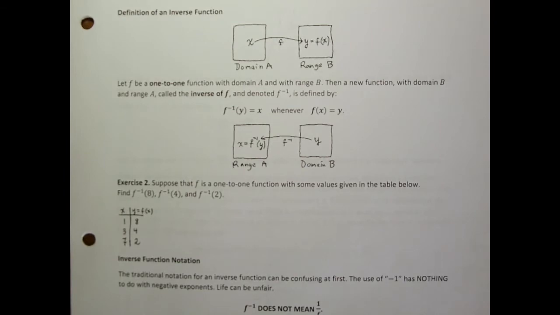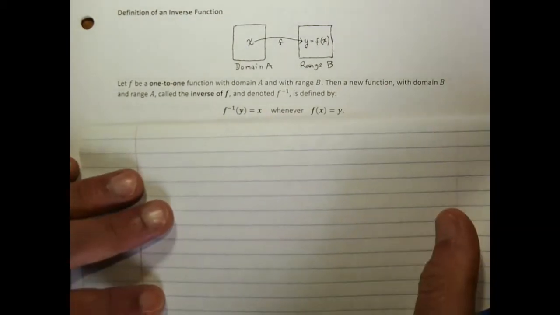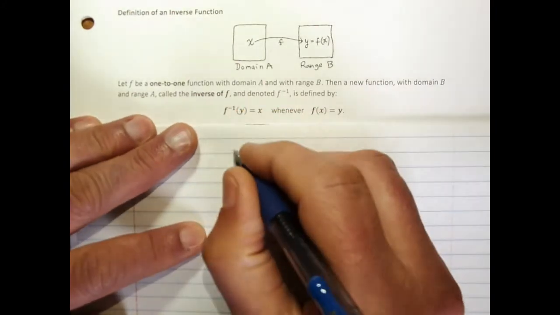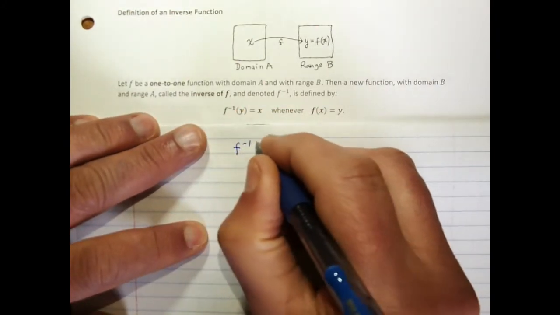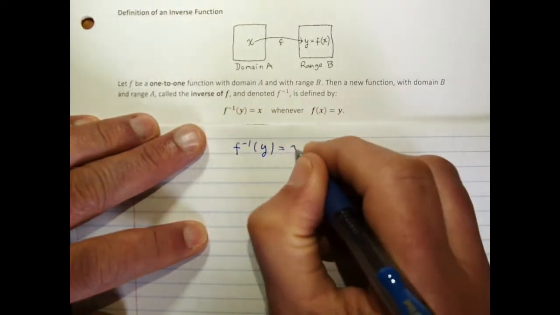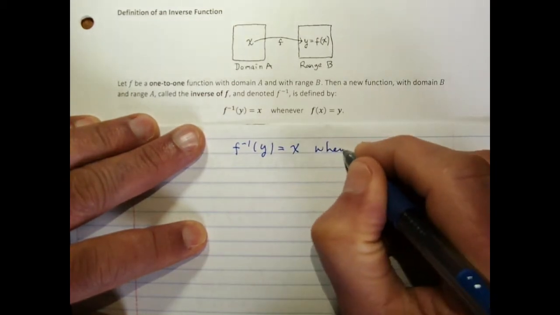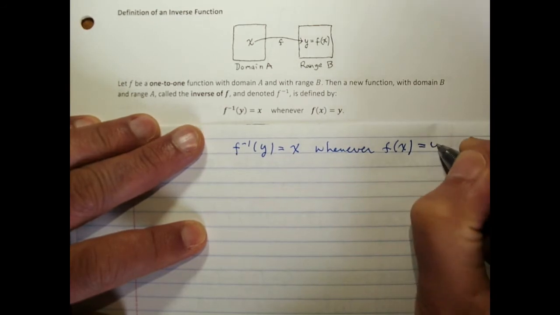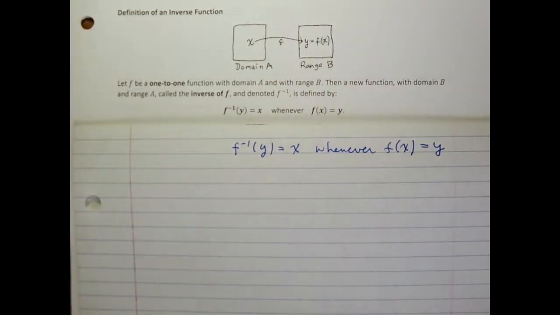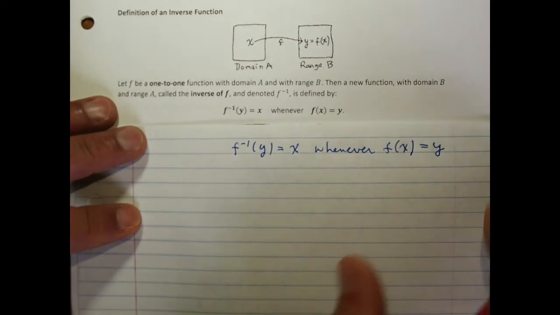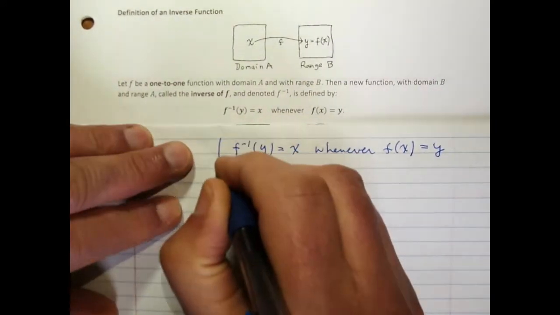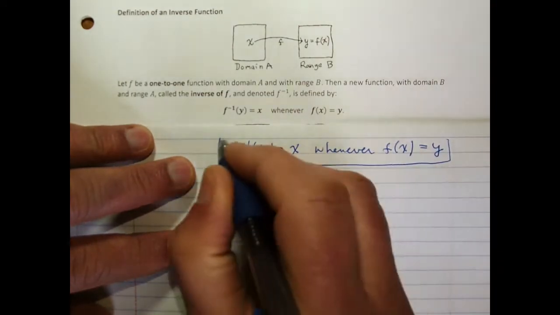So we're just changing the direction of the relationship. Here we have a statement: f inverse of y equals x whenever f of x equals y. And this is a statement that we're going to have to try to understand.